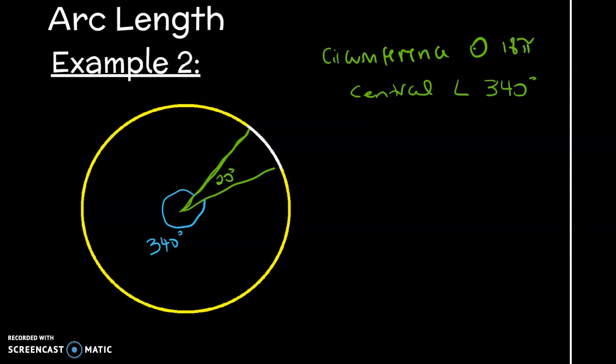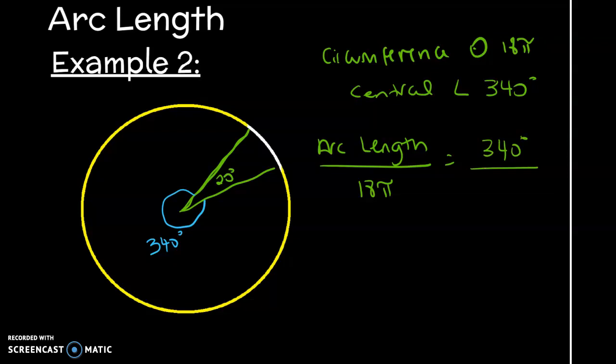Okay, and I'm going to set it up just like we did before. We are trying to find our arc length, knowing the circumference, which is 18 pi. And now my central angle has changed, so instead of it being 20, it is now going to be 340 degrees. However, the angle of the whole circle is still 360. I'm going to cancel out my zeros here.